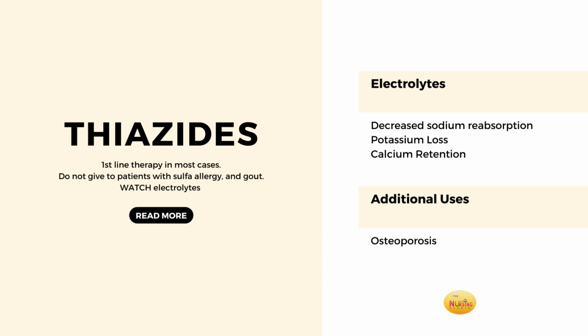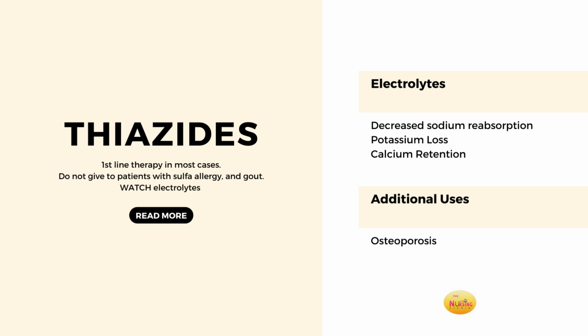They're not as heavy, so to speak, as your loop diuretics, but it does have a diuretic component. It works by decreasing sodium reabsorption. So that's where that diuretic portion comes in, because we're starting to lose more water, which in turn helps with the decrease of the blood pressure, right?